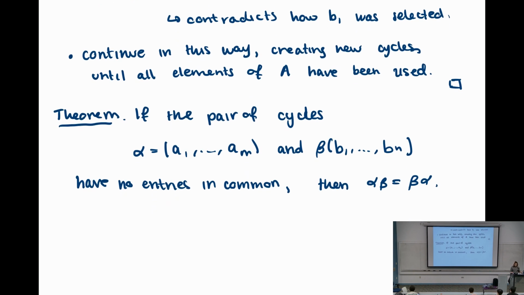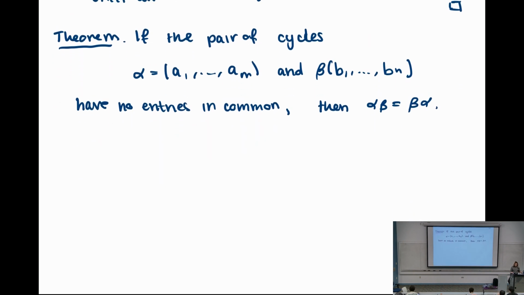Okay, so the proof of this is going to be quite straightforward. Basically, we are just going to apply each of these permutations to an element x and observe that it does the same thing in both cases. But it will depend on what type of element that is. If it is one of the B sub i's, then beta will do something to it.